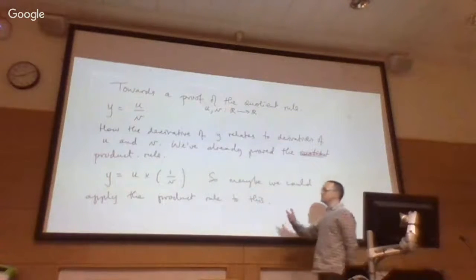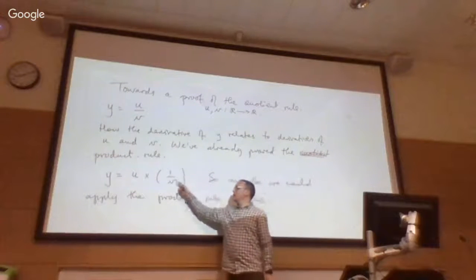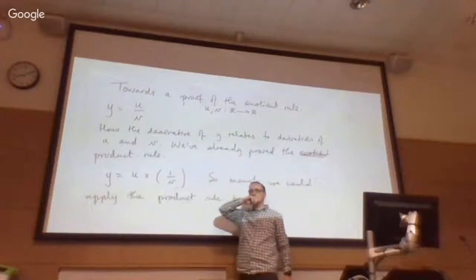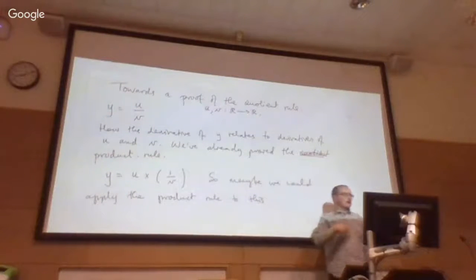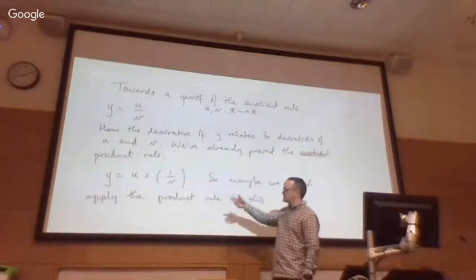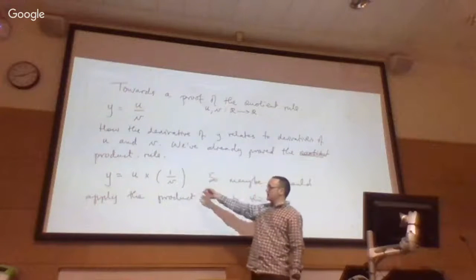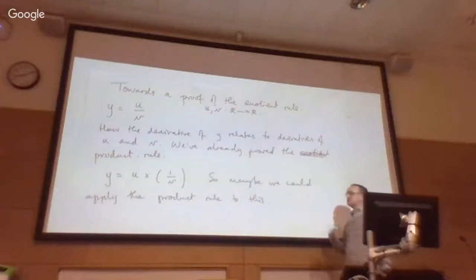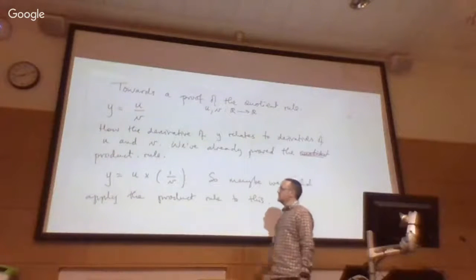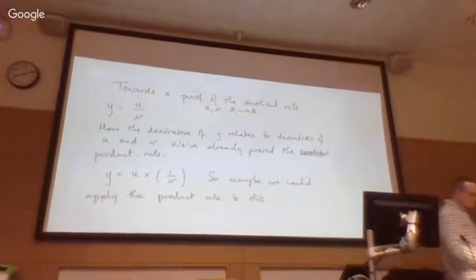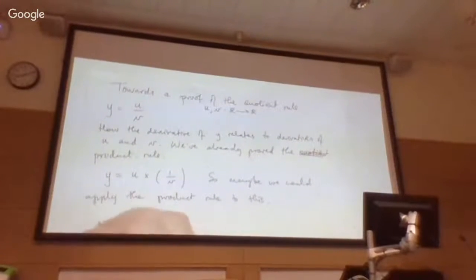However, before we do that, we would need to know how to differentiate this second factor, this 1 over v. We can assume we know how to differentiate v, because we just want to find the derivative of y in terms of the derivatives of u and v. But even if we could put down the derivative of v, how do we deal with the derivative of 1 over v? Well, we can rewrite this again.